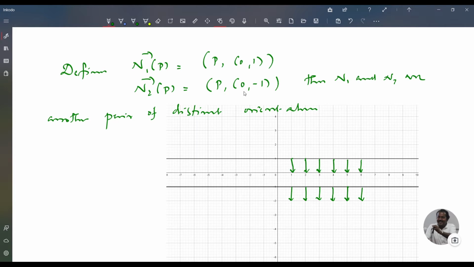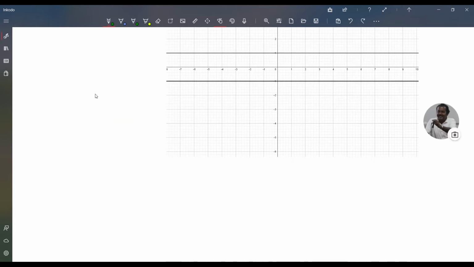So as a whole you have four orientations. First orientation, n of p is (0, 1) if p belongs to S1 and (0, minus 1) if p belongs to S2.